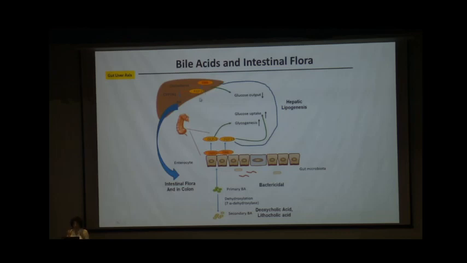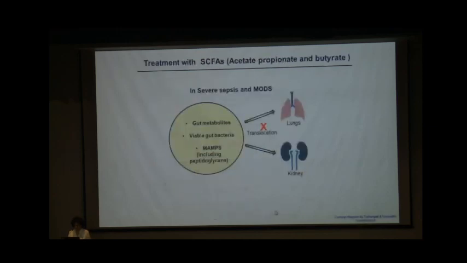So in the lumen and in the gut-liver axis, there are the immune cells, and with the intestinal flora it is changing, and in the SIRS there is decreased short chain fatty acid, because there is more deoxycholic acid and lithocholic acid.